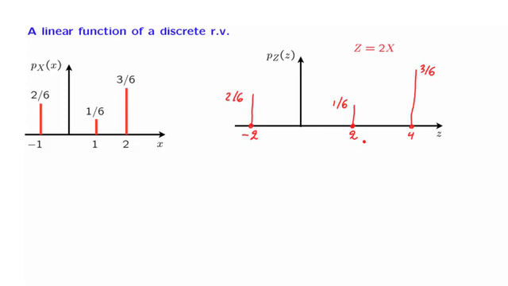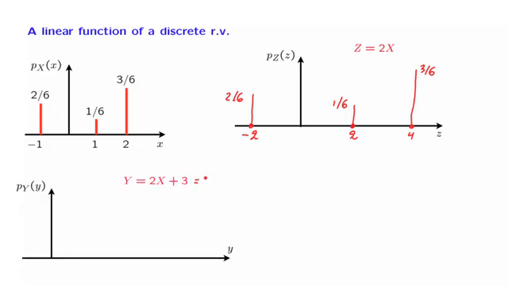Let us now consider the random variable Y defined as 2X plus 3, or what is the same as Z plus 3. With probability 2/6, Z is equal to minus 2, and in that case Y is going to be equal to plus 1. And this event happens with probability 2 over 6. With probability 1 over 6, Z takes a value of 2, so that Y takes a value of 5.